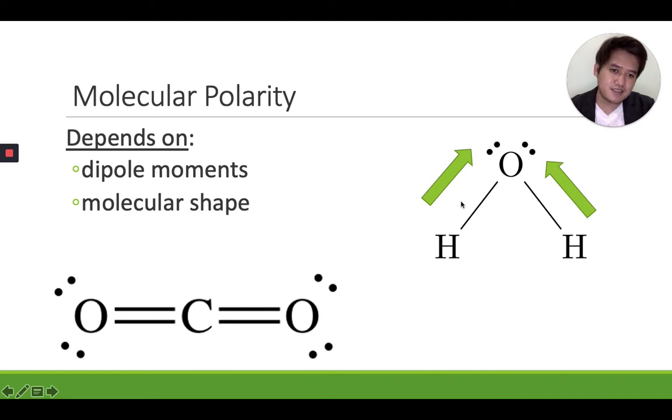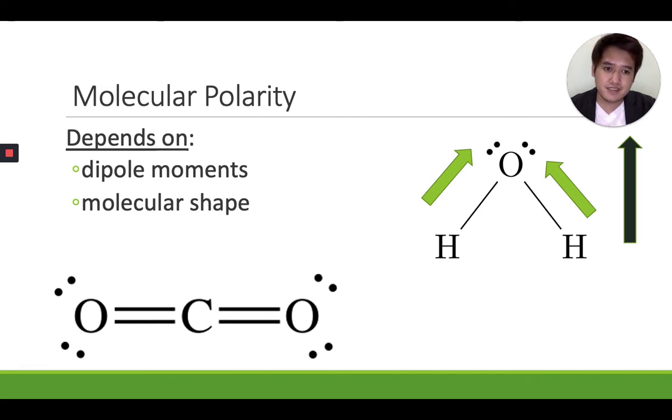That means there are two dipole moments and they are pointing in the same direction. So what do vectors do if they are pointing in the same direction? They add up. So there is a net dipole that is facing upward, towards the oxygen atom.